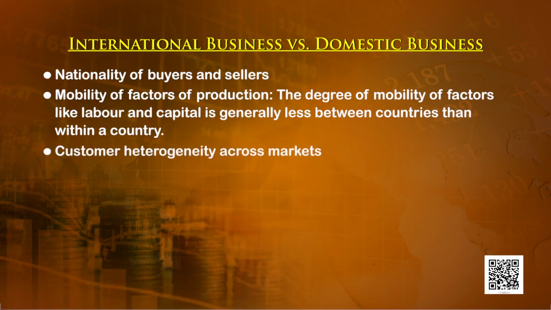Number 3, customer heterogeneity. The customers in domestic business are from the same country. They belong broadly to the same culture, same set of mind. As a result, they are homogeneous in domestic business, while in international business, customers are really heterogeneous.